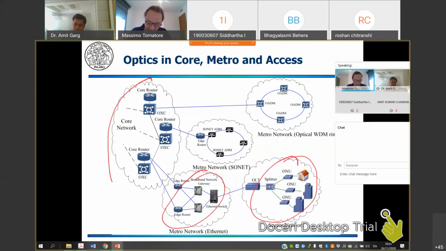We're going to mostly assume a technology for the core in this lecture where we have optical cross connects co-located with routers. So we will see there is the possibility to both switch light at the physical layer with the OXC, the optical cross connect, or switch packets in the electronic domain through the core router. And we will see how these two things interact.